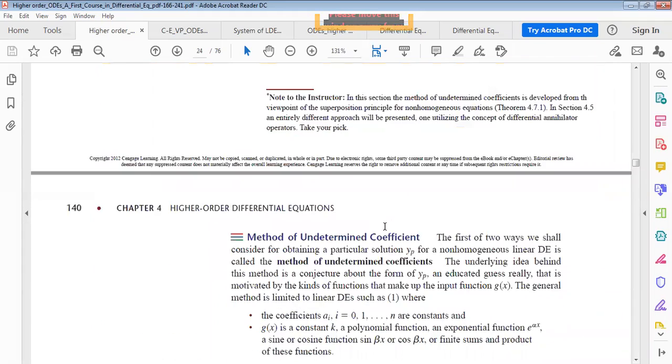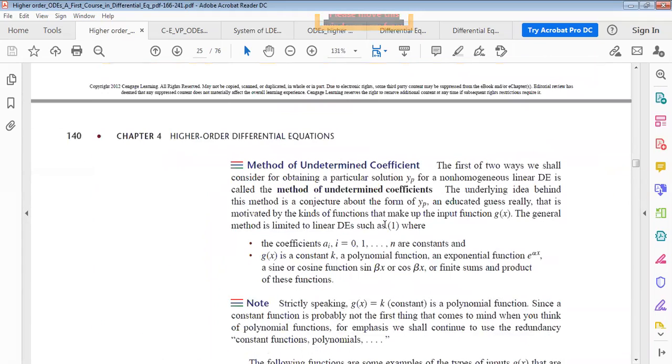Okay, so the method of undetermined coefficients. The first of two ways we shall consider for obtaining a particular solution yp for a non-homogeneous linear differential equation is called the method of undetermined coefficients. The underlying idea behind the method is a conjecture about the form of yp.